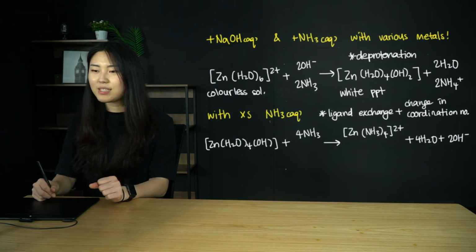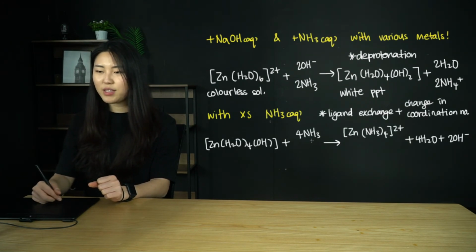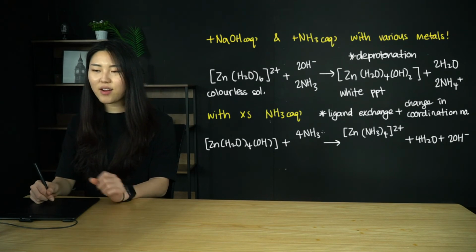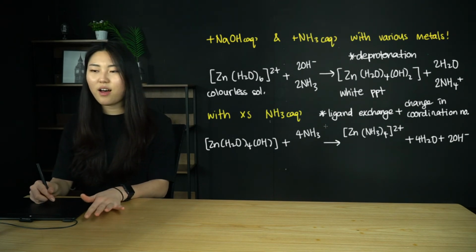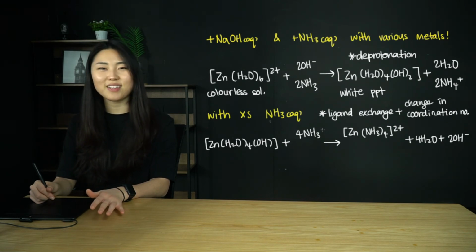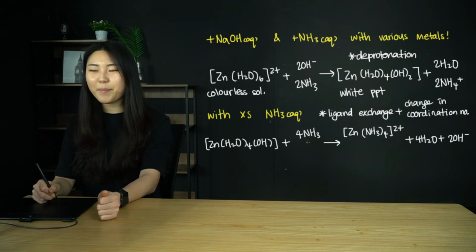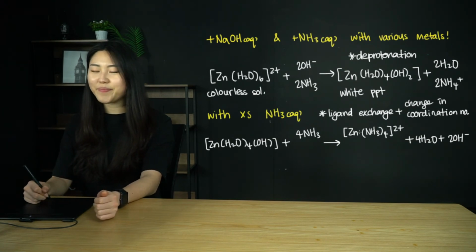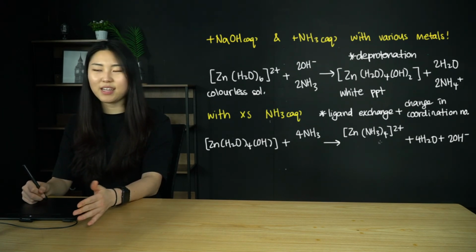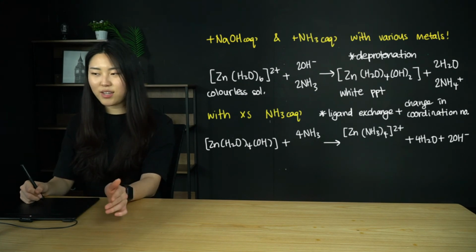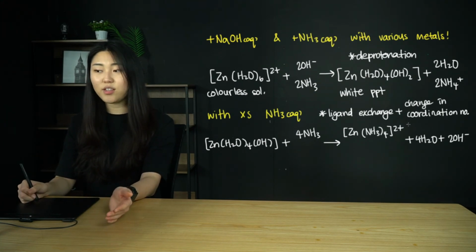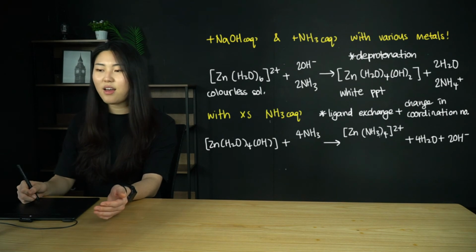And with excess ammonia, actually there could be 2 results. Both results don't really appear different in observations. If we have 4 ammonia molecules reacting with the precipitate, then we will get ligand exchange and also an accompanying change in coordination number, right?